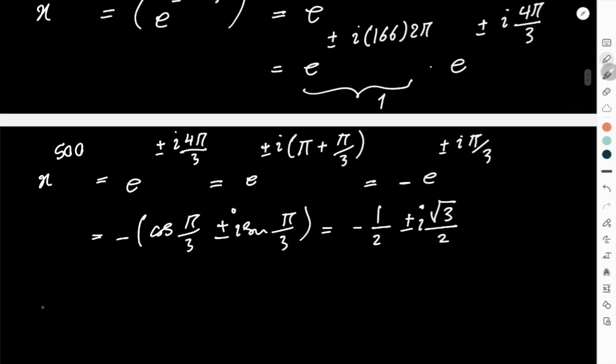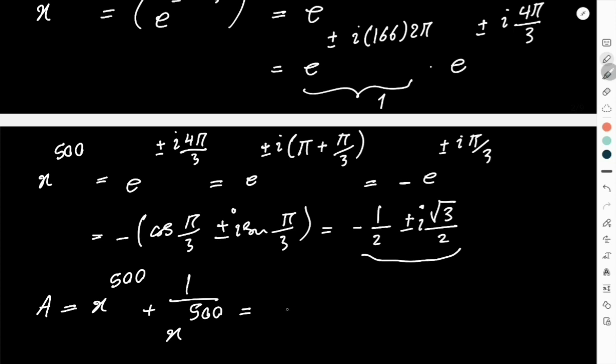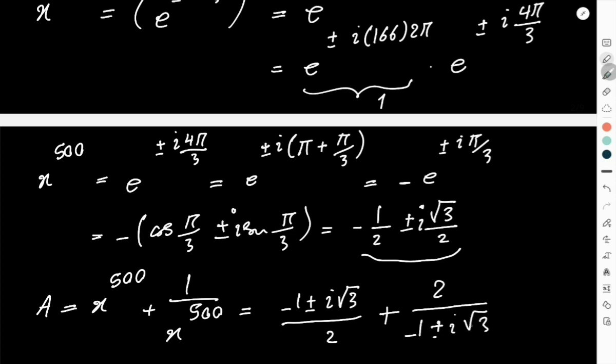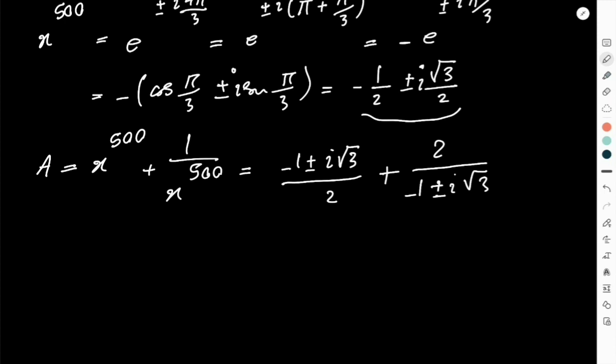Let's go back to the same expression we had. Let's call it A equals x to the power of 500 plus reverse of it. We substitute x to the power of 500 by the value we calculated, and then it becomes minus 1 plus minus i square root of 3 over 2 plus reverse of it, which is basically 2 over minus 1 plus minus i square root of 3. Now we just have to simplify this.